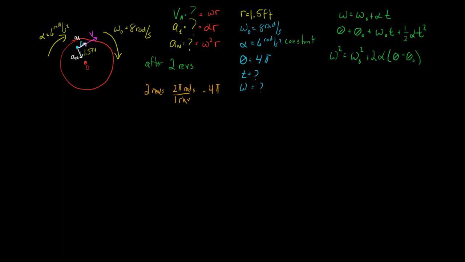What typically happens is people enjoy using the first two equations the most. They're most comfortable and familiar with them. That's fine. You can figure out how long it takes this disk to rotate, and then with that time figure out the final angular velocity.